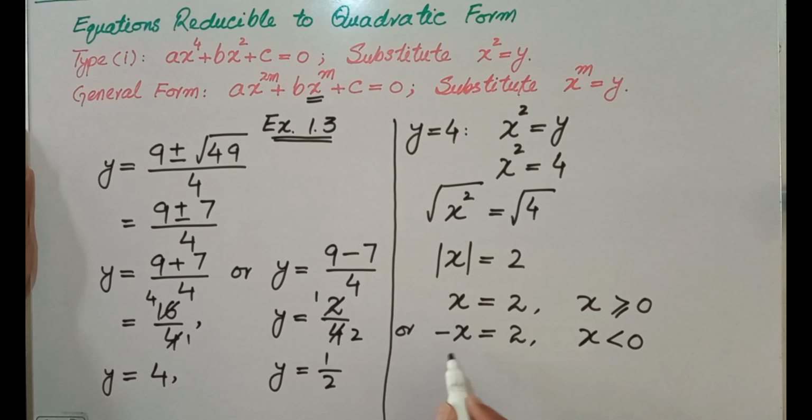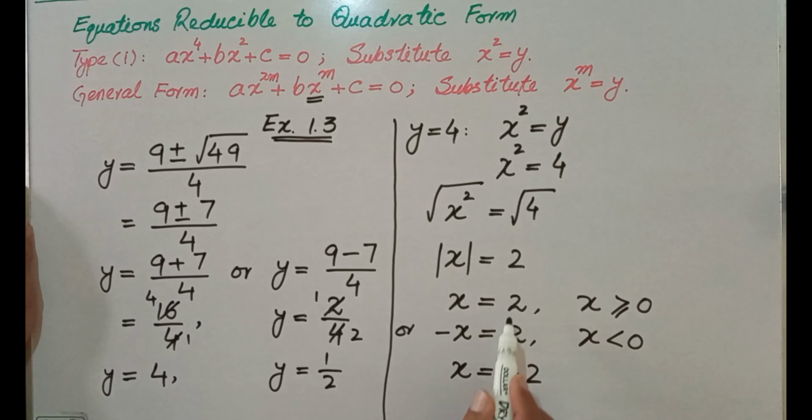Or from here we can write, by multiplying both sides with minus 1, we get minus 2. Thus we have two values for x, plus 2 and minus 2.